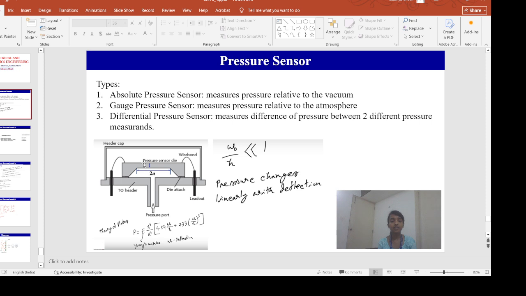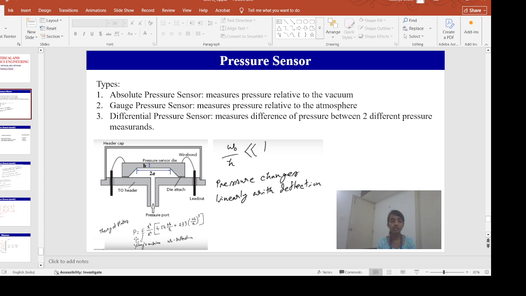Now let us say the thickness of this membrane is h and the length of the membrane is 2a. If the length is 2a, then the distance from the center to the periphery or edge is small a. So from the theory of plates, there is a relation between the pressure difference and the deflection.